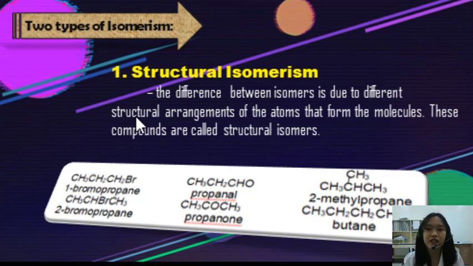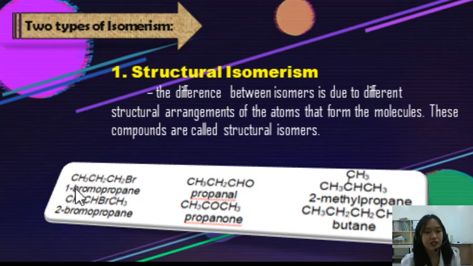Sa arrangement sila ng atoms nagkakaiba. So, example, you have 1 bromopropane, pareho lang sila ng kind and number of atoms, pero magkaiba ang pangalan nila.